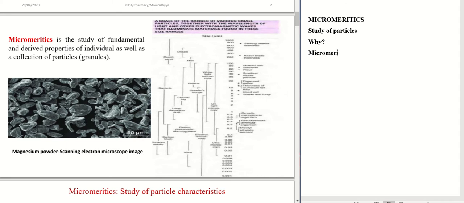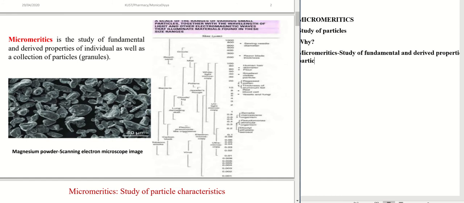Micromeritics includes the study of fundamental and derived properties of particles or powder particles. Whenever we say the study of powder particles, it could be an individual particle or it could be an aggregate of particles. Aggregates of particles are normally known as granules.